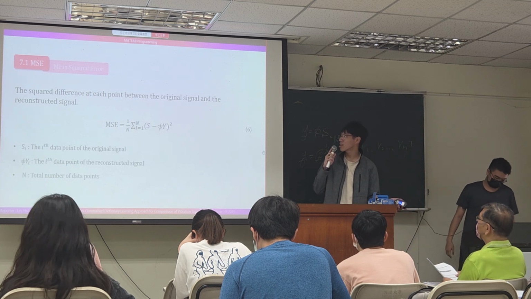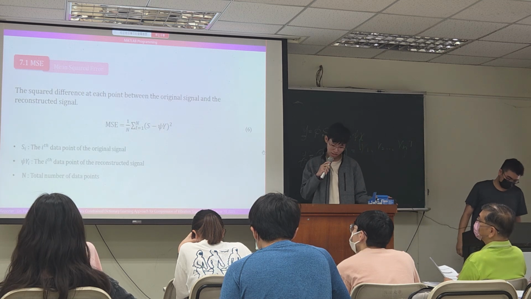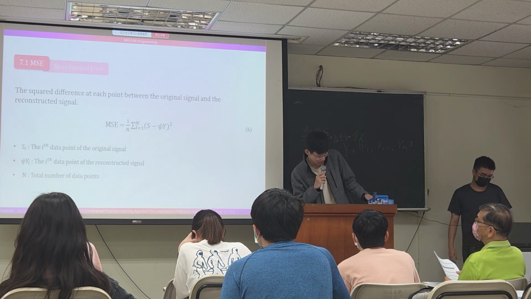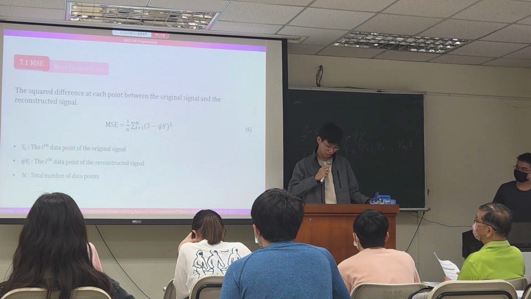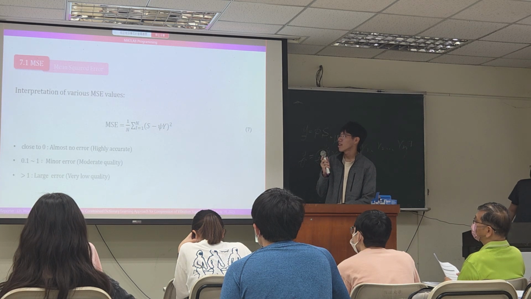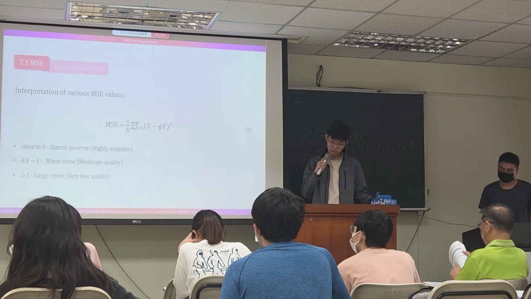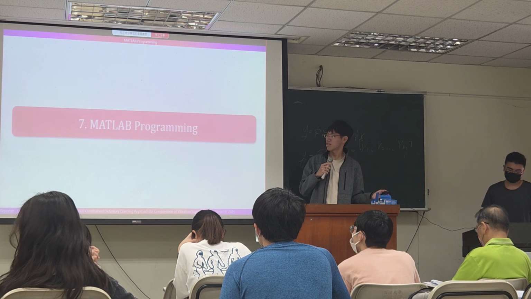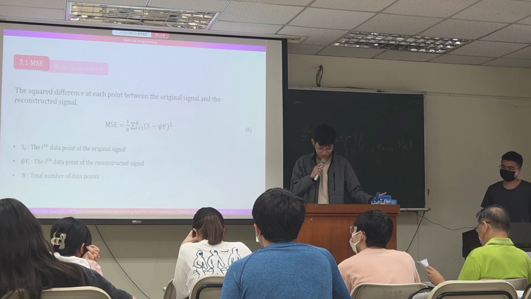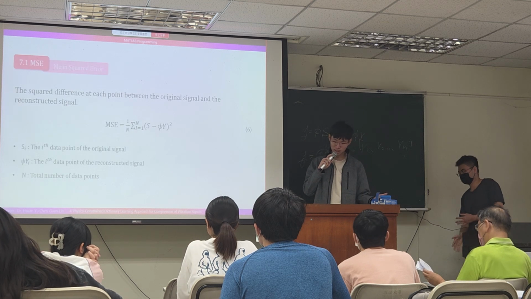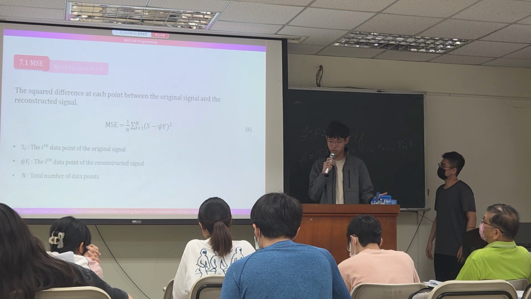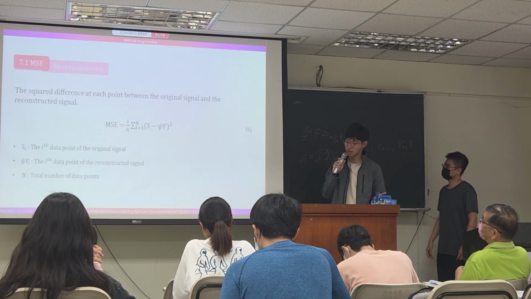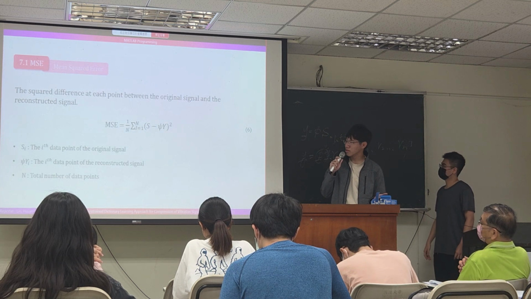Let's talk about two metrics. The first is MSE, whose full name is mean squared error. MSE represents the coordinate difference between each point of the original signal and the reconstructed signal.